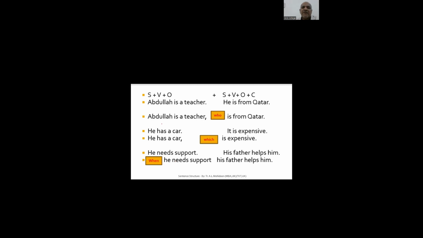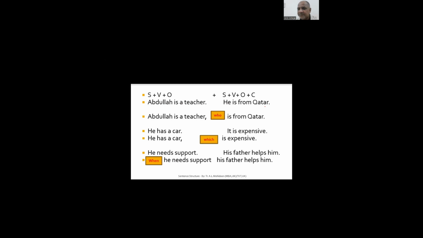Okay. So I have already introduced "Abdullah is a teacher." You know this sentence structure, how the sentence was structured. Abdullah is the subject, the verb is "is", and the object is "a teacher". So "Abdullah is a teacher", one sentence. And we have another sentence. Then we are connecting, replacing Abdullah with the pronoun he.